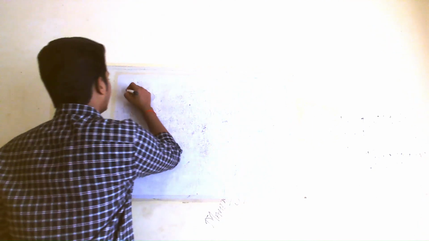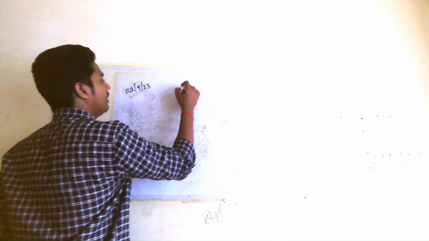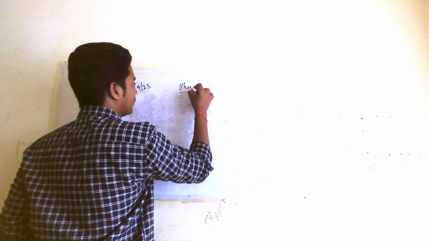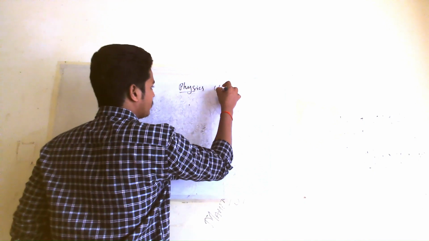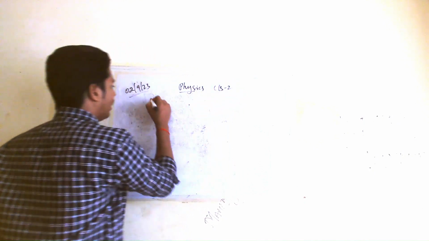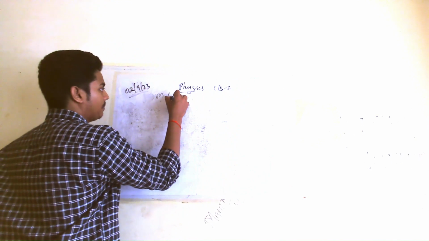The very first question is: a person travels half the time at speed v1 and the rest half of the time at speed v2. Find the average speed. Today is 2nd September, and it's our physics class 2, all about the motion chapter.